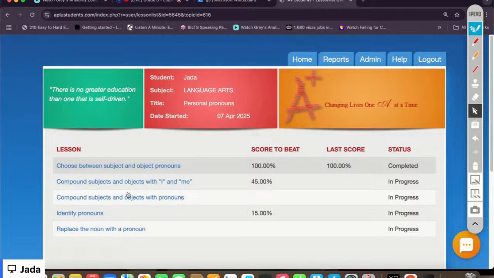So we'll move on to compound subjects and objects with I and me.